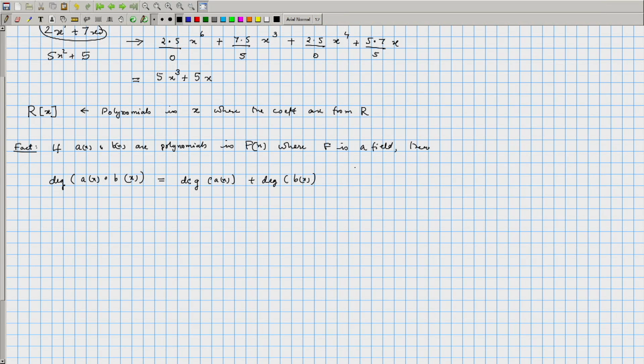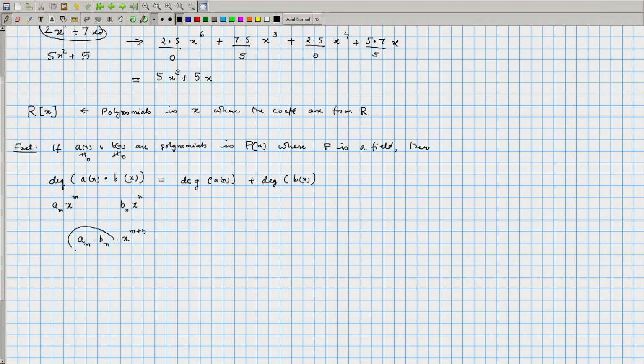You should assume that A(x) is not equal to 0 and B(x) is not equal to 0, because if they were 0, when you take the product, you will get 0. So, if they are non-zero polynomials, then the degrees add up. It is easy to check. If A(x) is a polynomial and its degree is m, then there is a term a_m x to the power m, and in B(x) there is a term b_n x to the power n. And when you take the product, there is going to be the term a_m times b_n into x raised to m plus n.